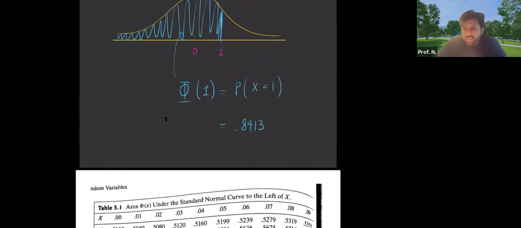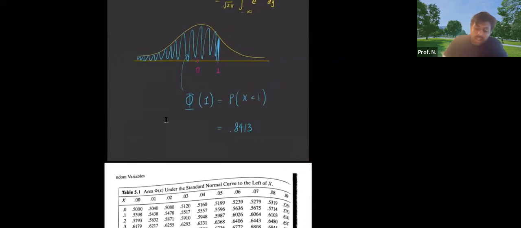Could you say it's 1 standard deviation from 0? Yeah. Well, what I'm saying is this number here, 0.8413, is the probability that my random variable is less than 1, which is 1 standard deviation above the mean.